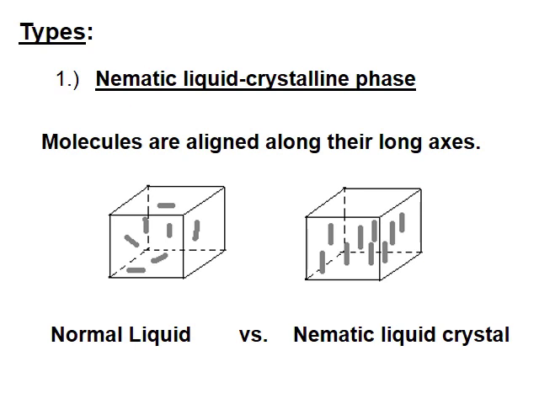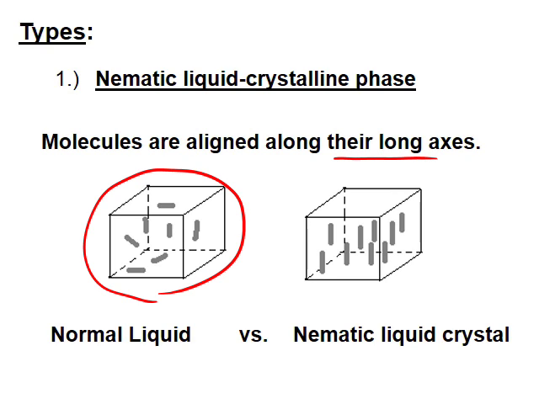Now, we're going to discuss the following types of liquid crystals. Nematic liquid crystalline phase: as you can see here, a normal liquid would have randomly organized molecules. On the other hand, the nematic liquid crystalline phase has molecules aligned along their long axis.